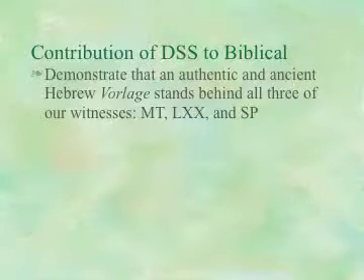So what's the contribution? Ultimately, the Dead Sea Scrolls show us that behind the Masoretic text, the Septuagint, and the Samaritan Pentateuch are original Hebrew manuscripts. So that's good and bad, right? In other words, we said that the Septuagint had a shorter version of Jeremiah and a longer version of Samuel. Well, guess what?